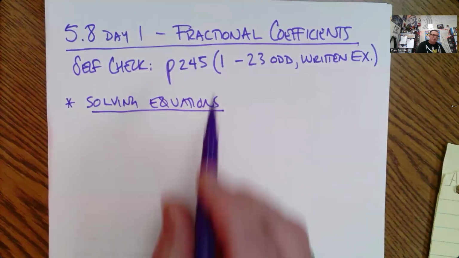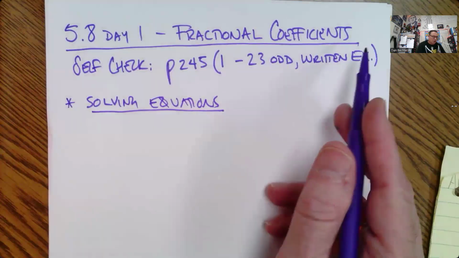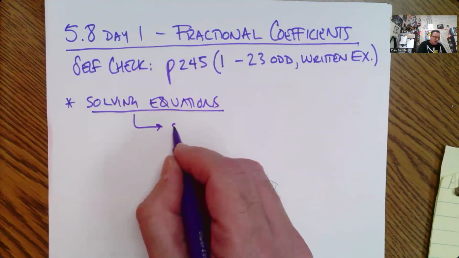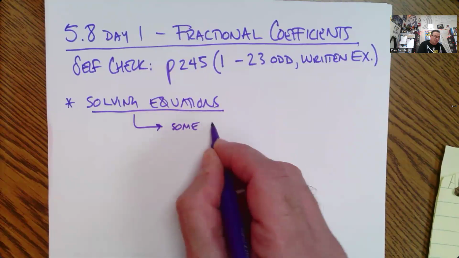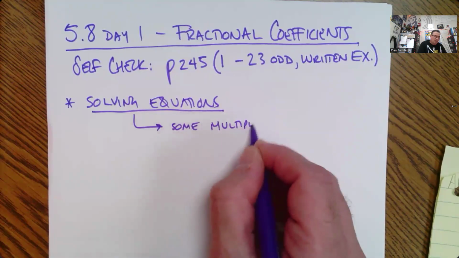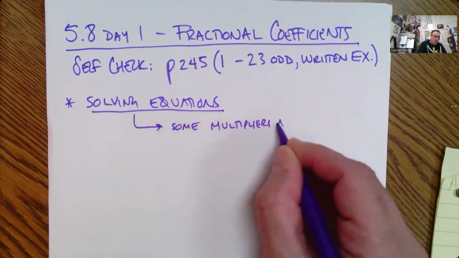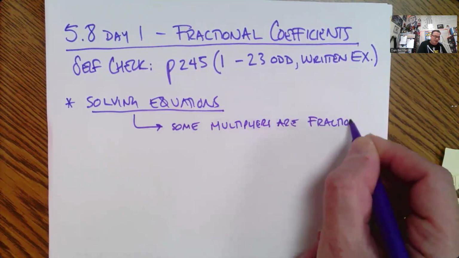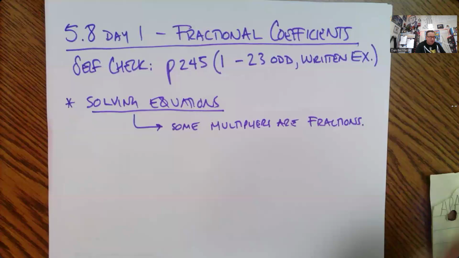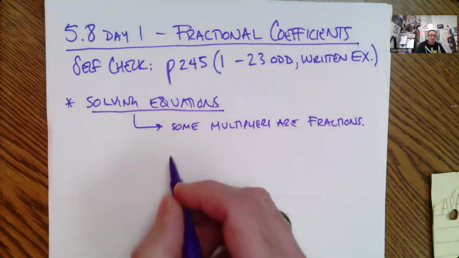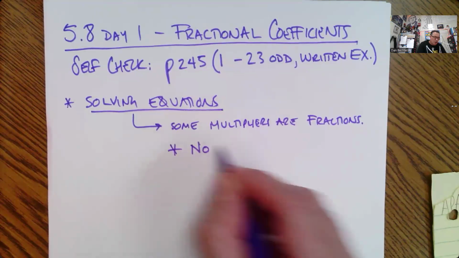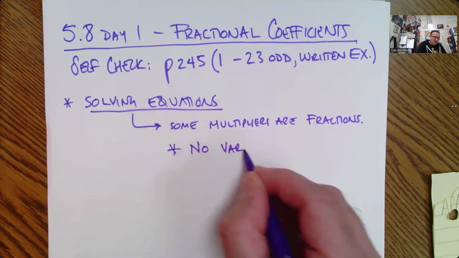But ultimately, when we talk about having fractional coefficients, what this means is some multipliers are fractions. It's not really that big of a deal. But the part that's different with this than something we're going to be doing later in section 5.9 is there are no variables in the denominator.